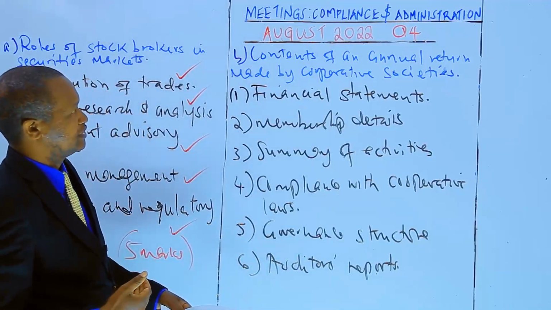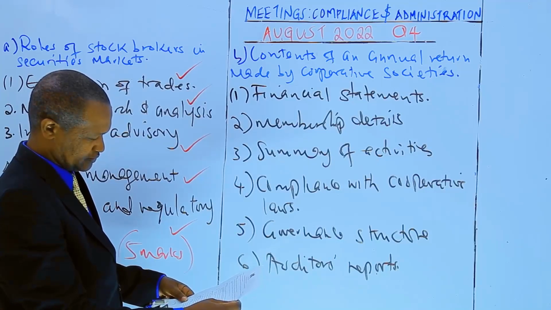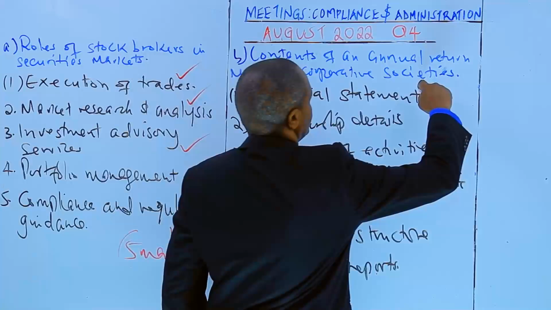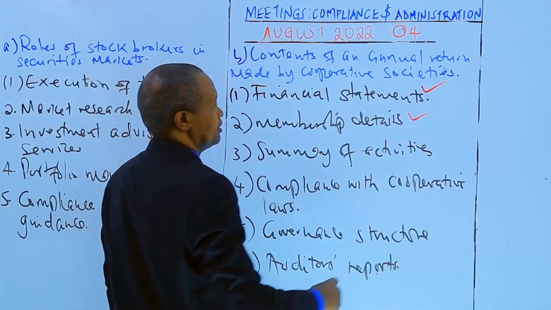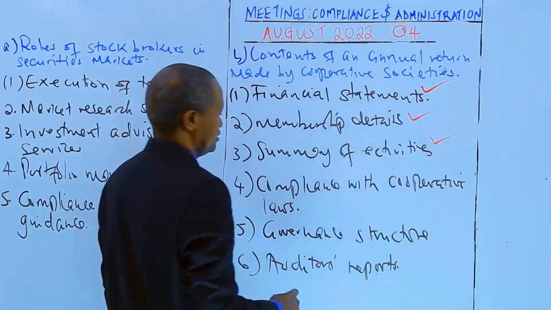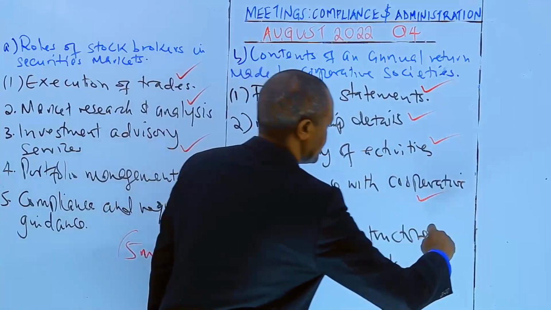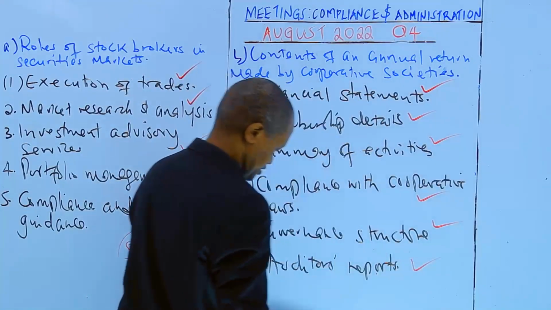So these are 6 contents. Candidates were to give 6. These are 6 contents: financial statements, membership details, summary of activities, compliance with cooperative societies, governance structure, and auditor's report.